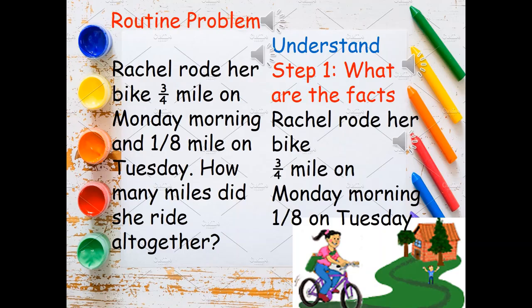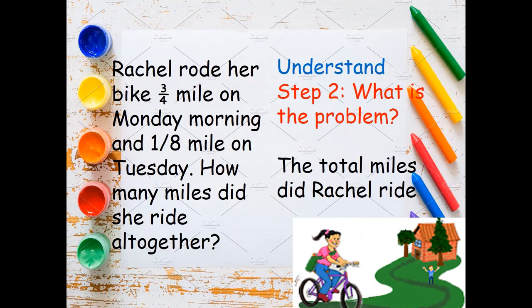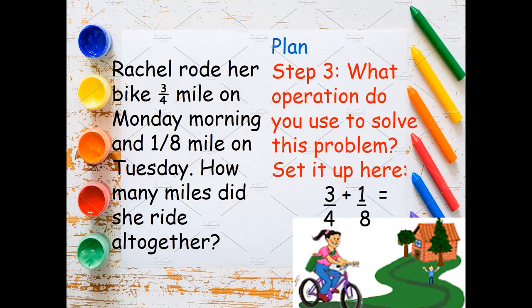What is the problem? The problem is the total miles Raisha rode. What operation do you use to solve this problem? Let's go back to the problem. Because of the word altogether, you can identify what operation to be used. Altogether means addition.